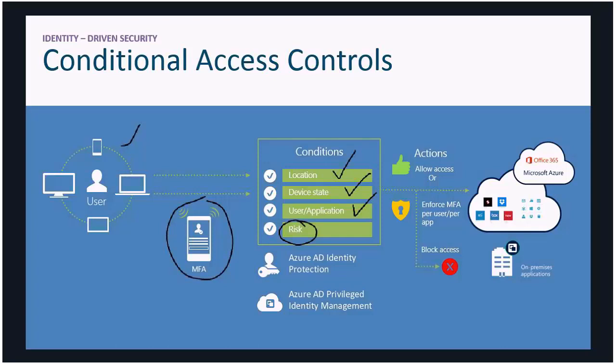On a risk score of 50 or higher, you might want to MFA them. Or on a risk score of 80 or higher, you might want to block them. So again, conditions and actions are aspects that can be introduced through Azure AD Plan 1, and risk score can be included with Azure AD Plan 2. We'll talk more about that, but that's kind of the basics of how people are employing MFA today.